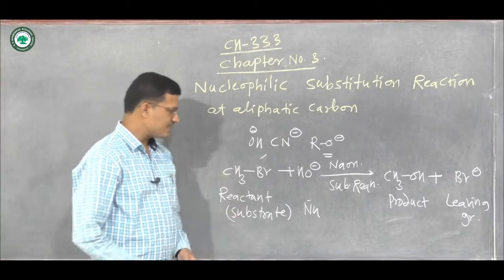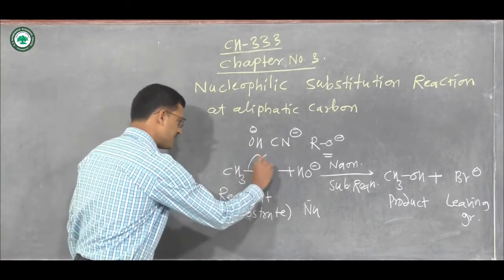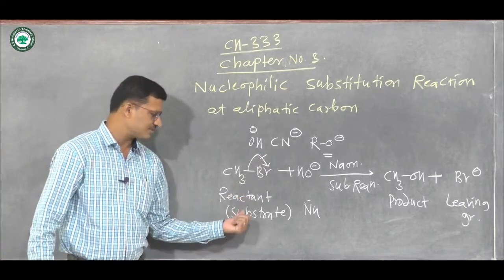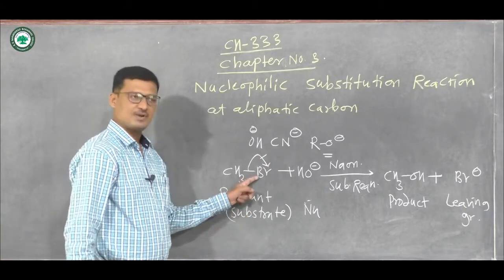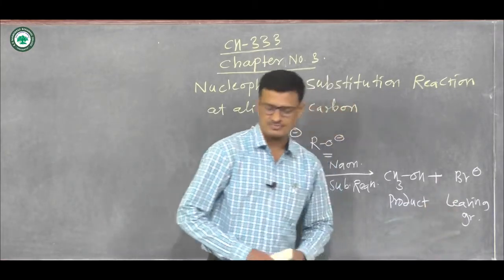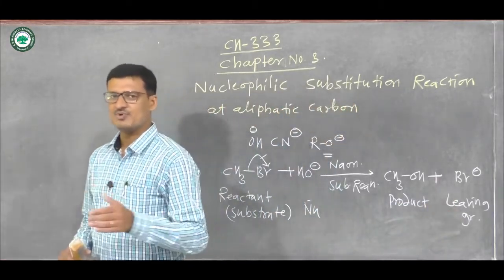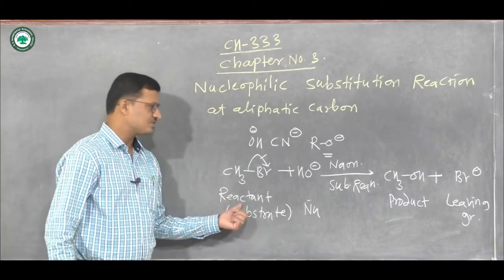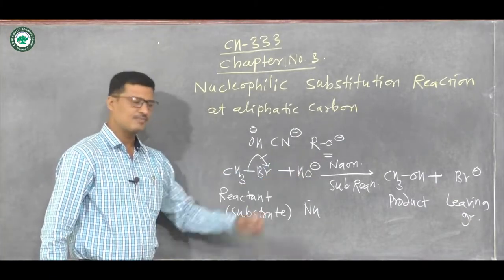In this case, the group that departs or leaves out from the substrate or reactant is Br, so we call Br minus the leaving group. A leaving group is nothing but the group that leaves out from the substrate, or departs from the reactant.